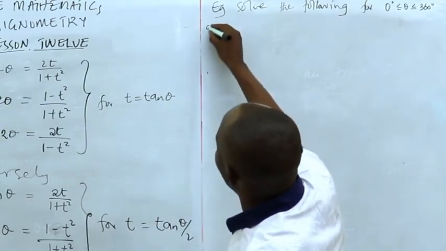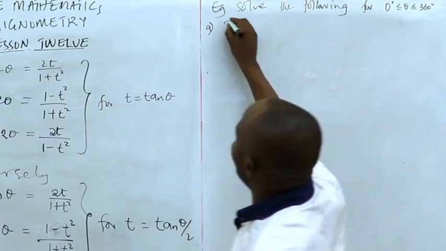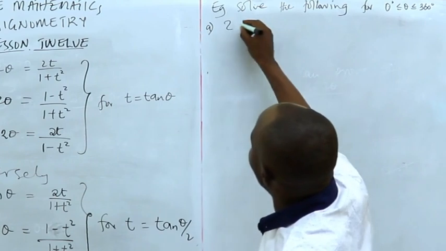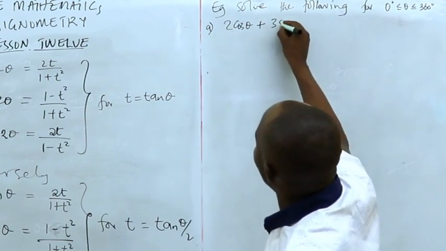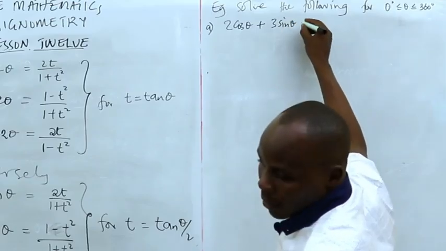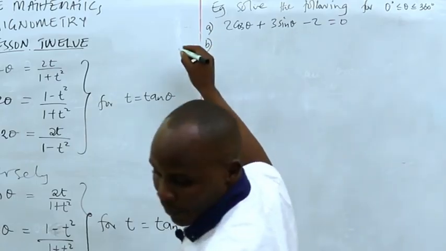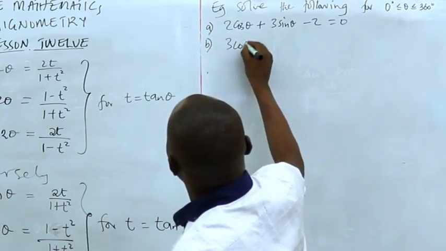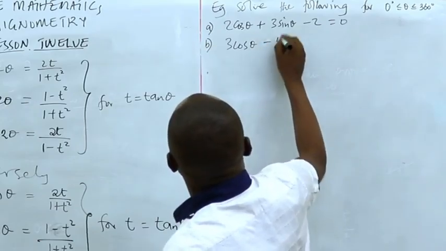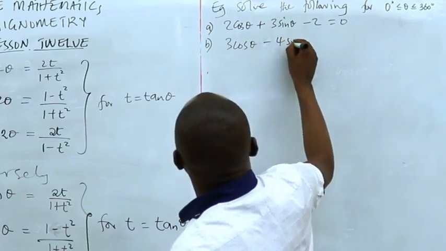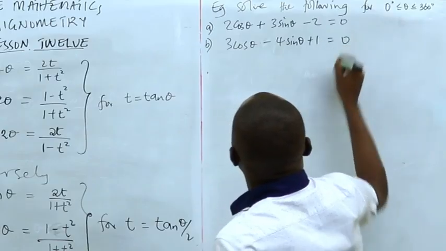Number part A, we have 2 cos theta plus 3 sin theta minus 2 is equal to 0. We also have 3 cos theta minus 4 sin theta plus 1 is equal to 0.